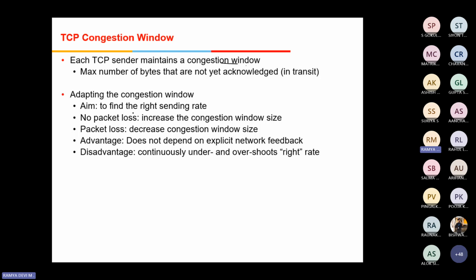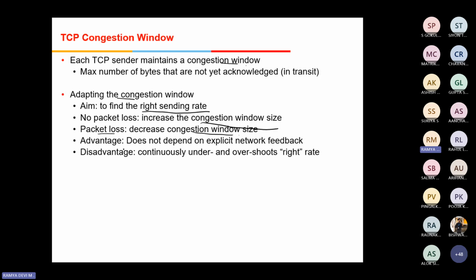So how does it work? The goal is to find the right sending rate. If no packet loss is detected, TCP will increase the congestion window size. If there is a packet loss, TCP will reduce the congestion window size.